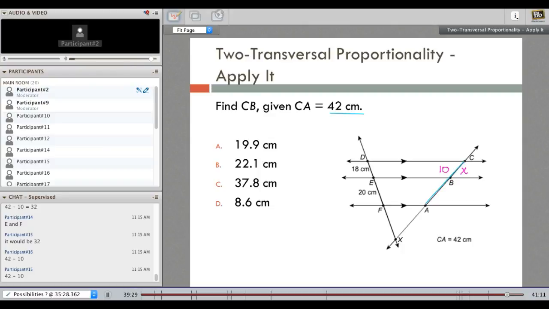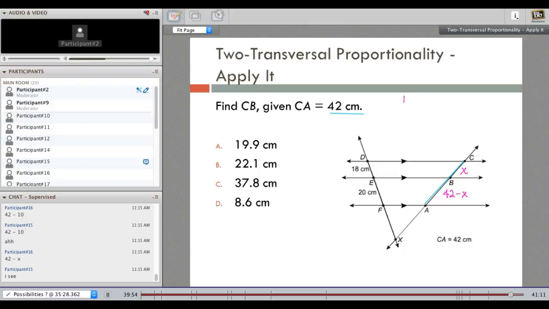We know that it's X. So apply the same thing. Instead of 42 minus 10, we would have 42 minus X. See that? Ah, good.